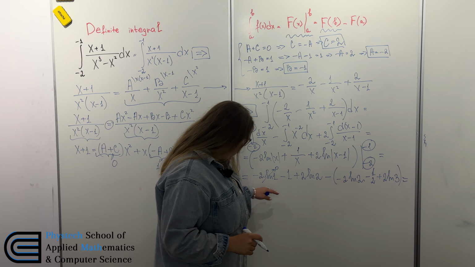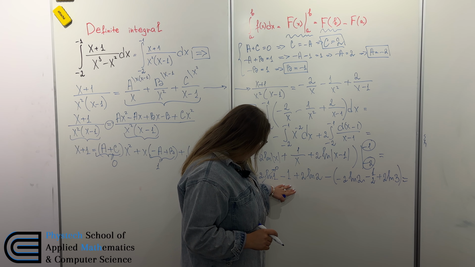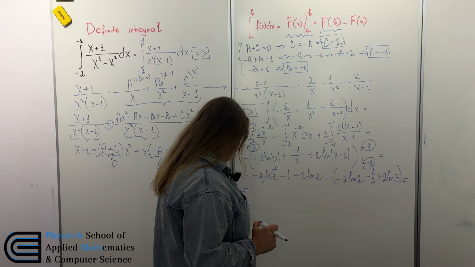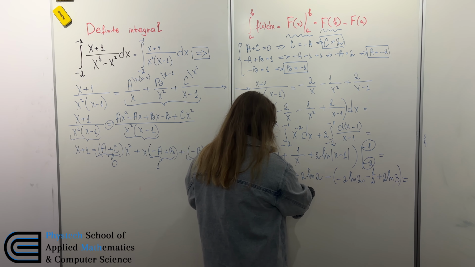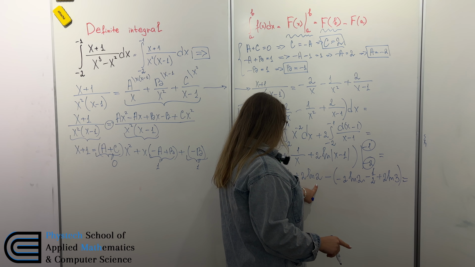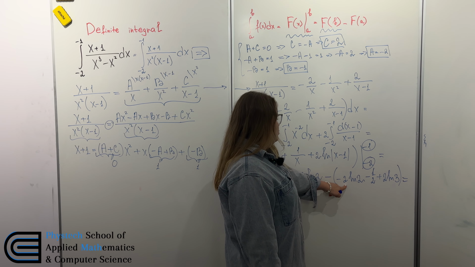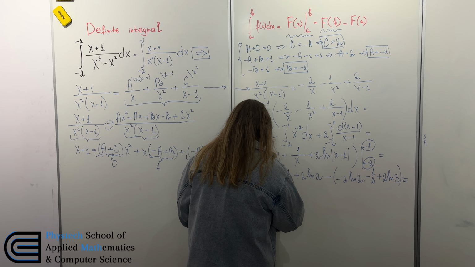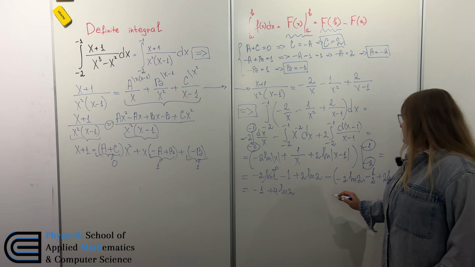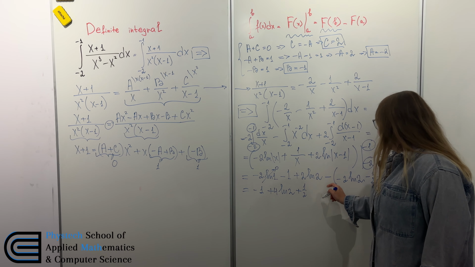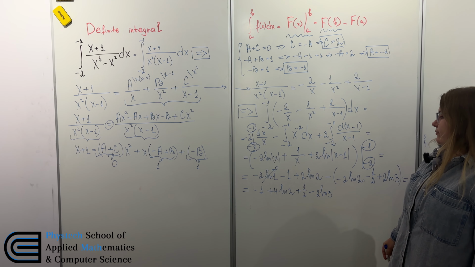And now we should make it a little bit nicer. So -1. Here we have minus, minus 2 logarithm of 2. Minus and minus gives us plus, and it will be +2 logarithm of 2. It gives us +4 logarithm of 2. Then minus and minus gives us plus 1 divided by 2, and minus 2 logarithm of 3.